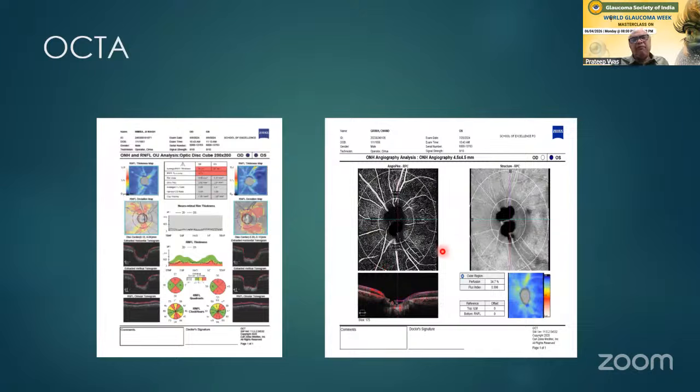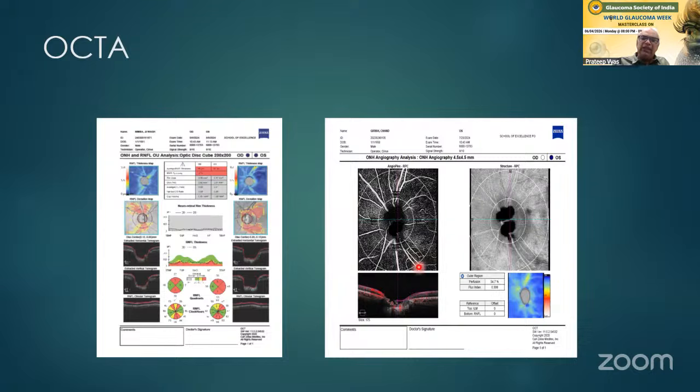But OCT angiography is probably a better tool to assess the progression, because in these patients the floor is further lower down. We can do the OCTA for the parapapillary area and the RNFL, and we can do it for the macular area. What we have to look at is the vascular density, because in these patients the microvasculature is greatly affected because of the death of the ganglion cells.